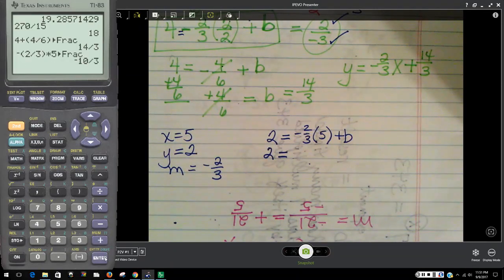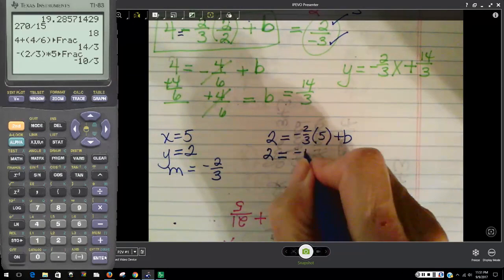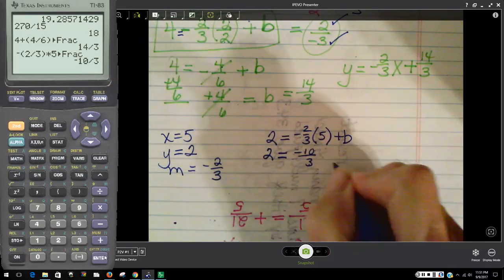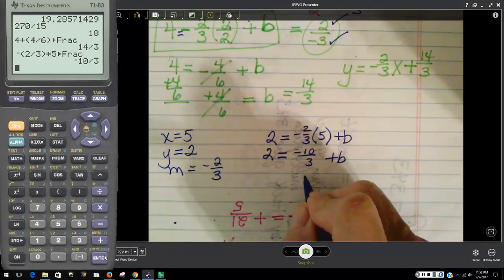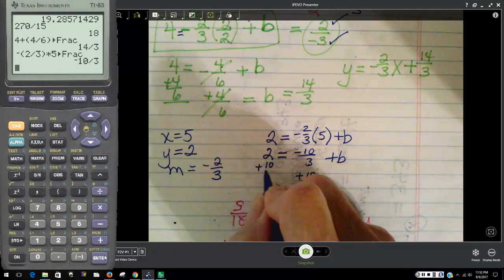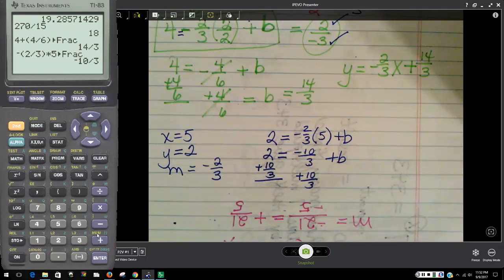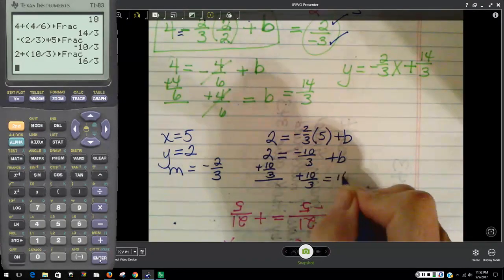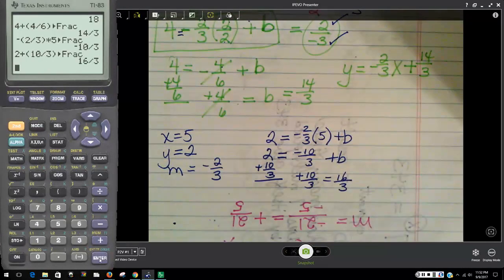So that's negative 10/3 plus b. And I am going to add 10/3 to both sides. And I got 16 over 3, which is what they got for b.